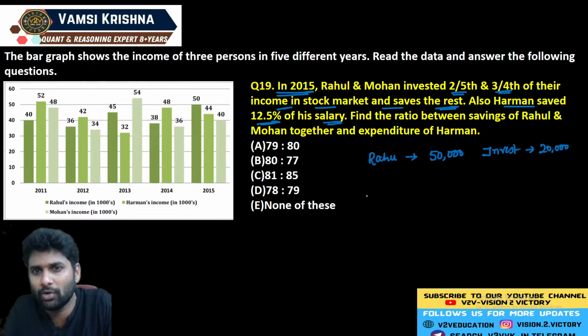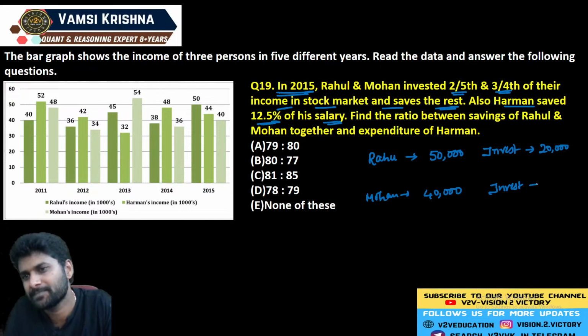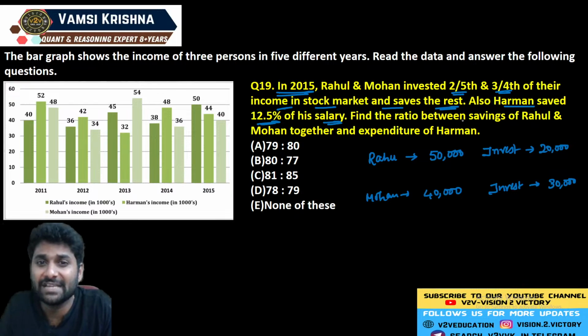Take the other person, Mohan. What is Mohan's income here? 2015 Mohan income is 40,000. And they clearly mention that the person invested 3/4. So definitely the investment is exactly equal to 30,000. Another question here: Harman saved 12.5 percent of salary.